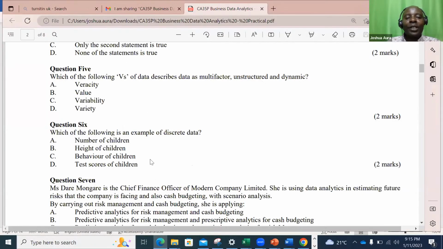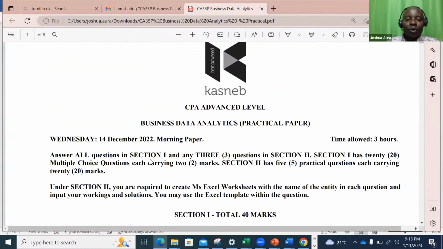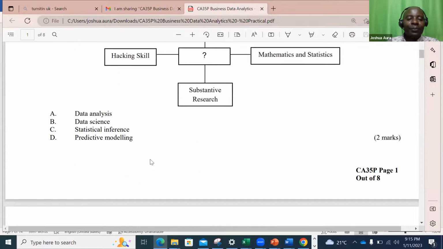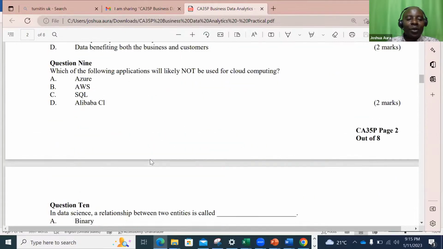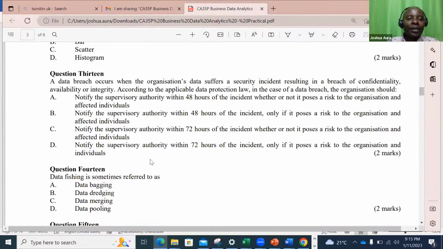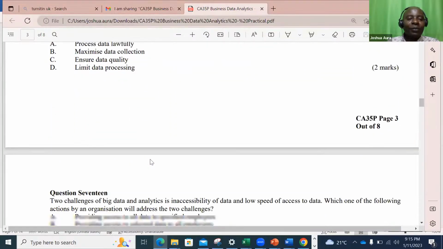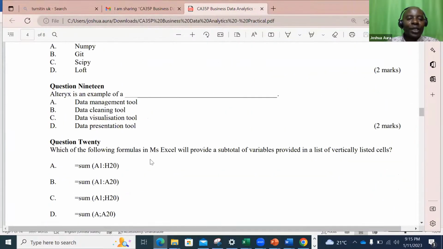How is it tested? By theory and practical. So this is how it is tested. Like now, this is last semester's paper. It has got two sections. We have the theory section, which has got 20.